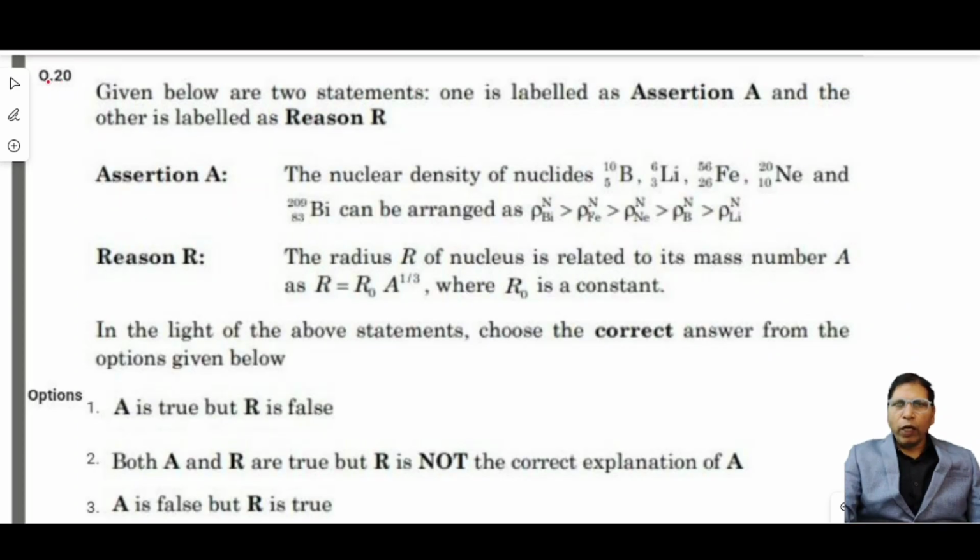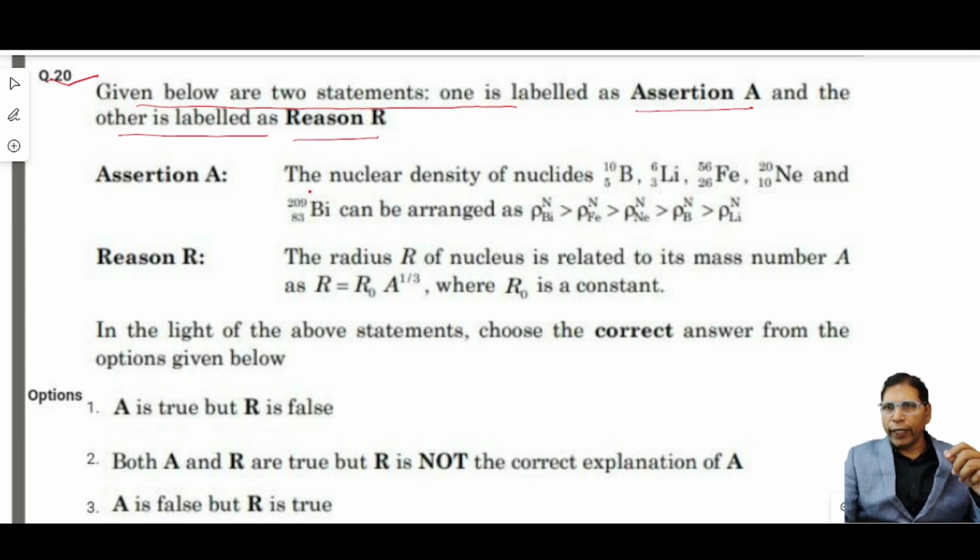Okay, now question number 20. Given below are two statements, one labeled as assertion A and the other labeled as reason R. Now look at this, the nuclear density of nuclide. The nuclear density of all nuclides is 2 into 10 to the power 17 kg per meter cube.